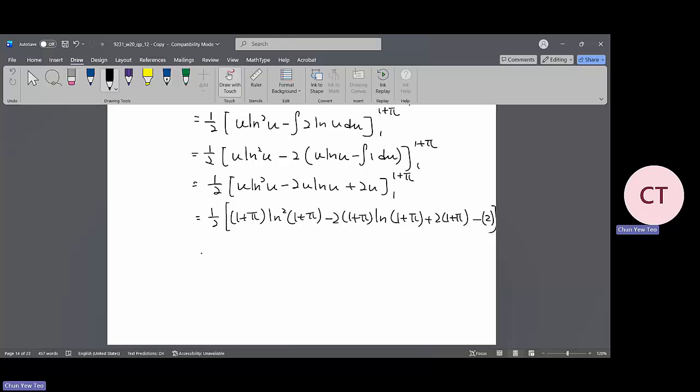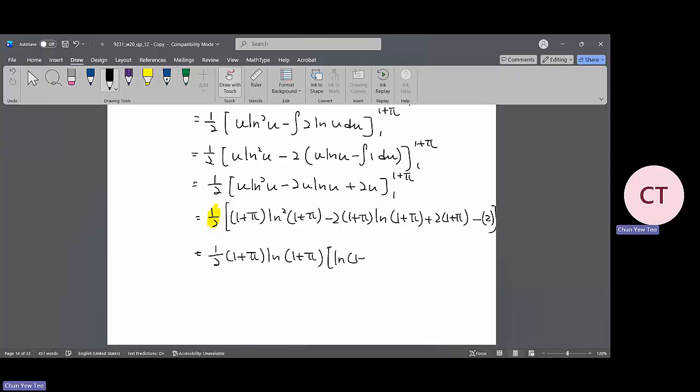Then we just need to expand them carefully. This part, if you expand and simplify, you will get 2 pi. Okay, but the 2 pi needs to be multiplied by half. There's a half in front here. So over here, you can get a half, 1 plus pi ln 1 plus pi. Okay, and then factorize it out.